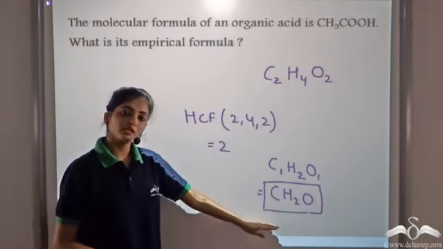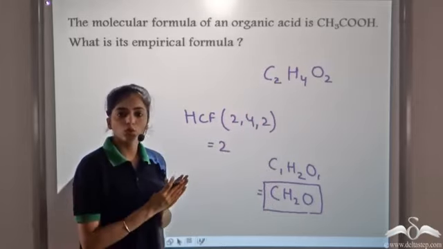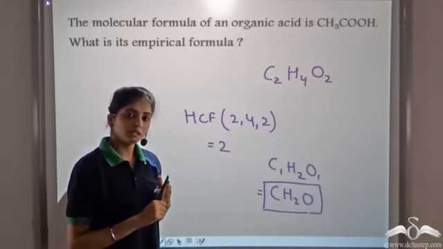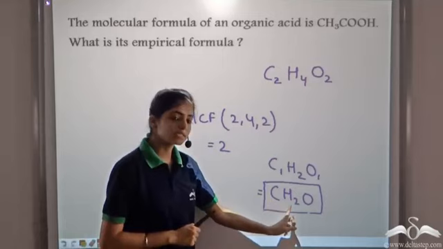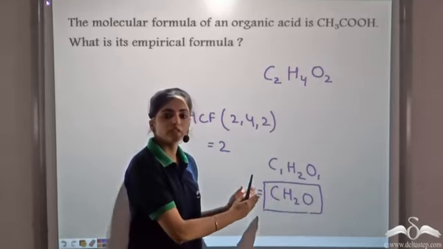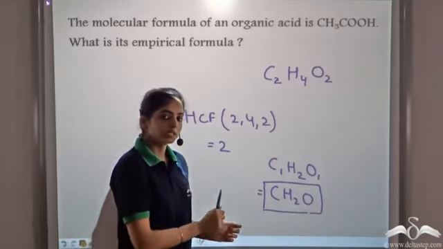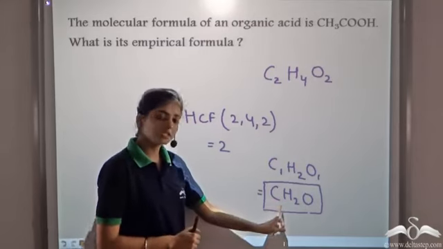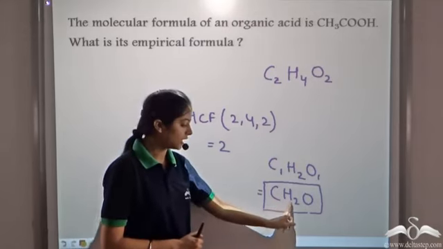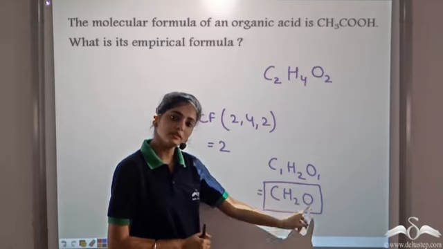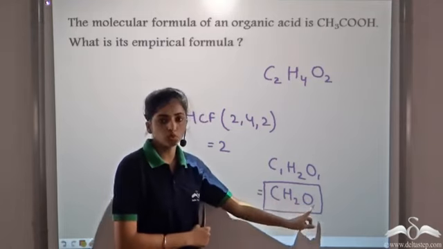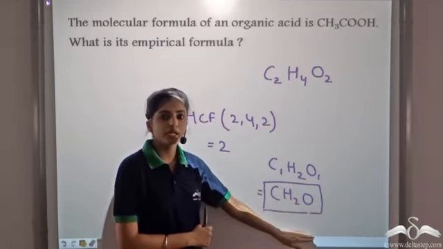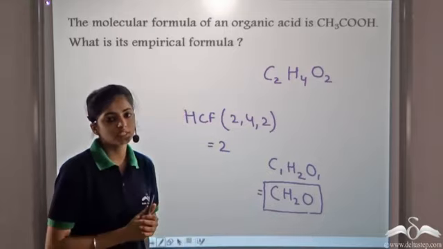So this is the empirical formula of CH3COOH. For finding the empirical formula, we need the simplest ratio in which the different atoms are present. In this case, the simplest ratio in which carbon, hydrogen and oxygen are present is 1:2:1. So this is the empirical formula of CH3COOH.